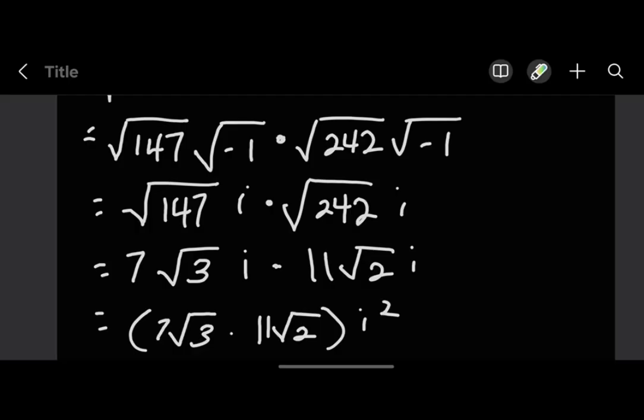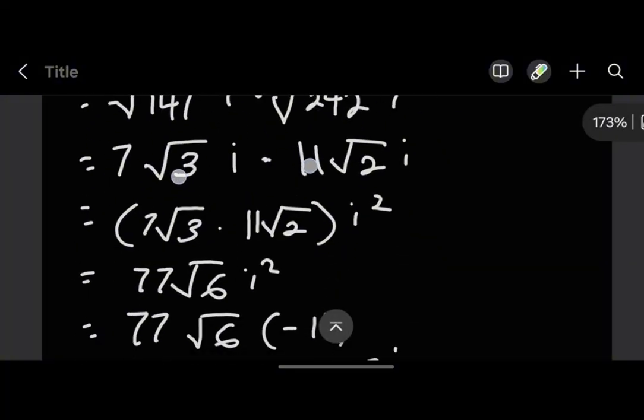Root 147 gives 7 root 3 i, multiplied with root 242 gives 11 root 2. So 7 root 3 i multiplied with 11 root 2 i.